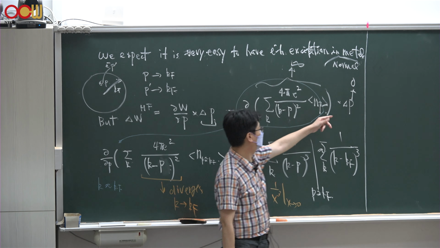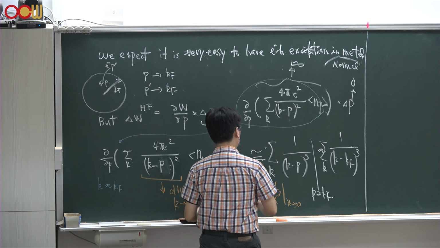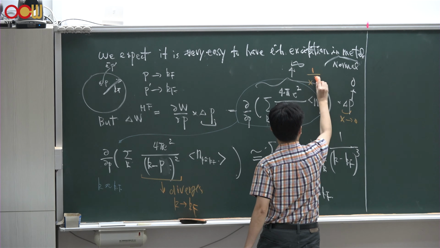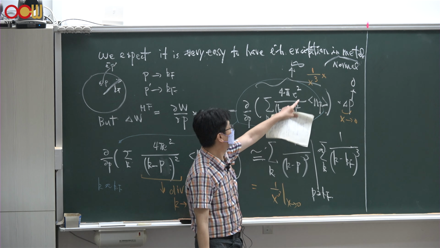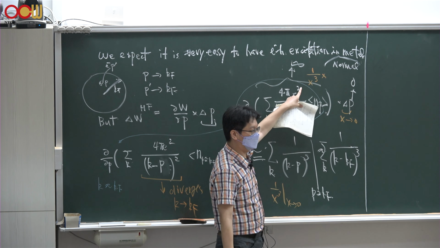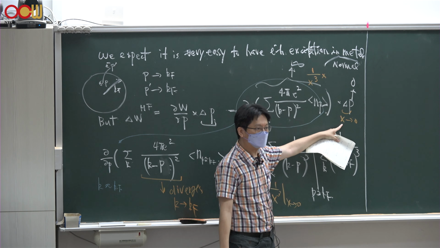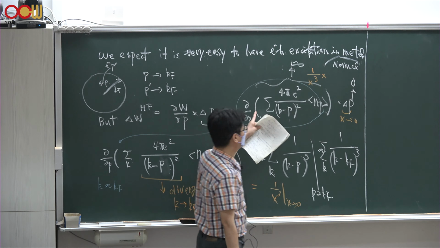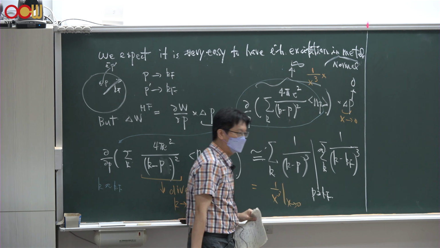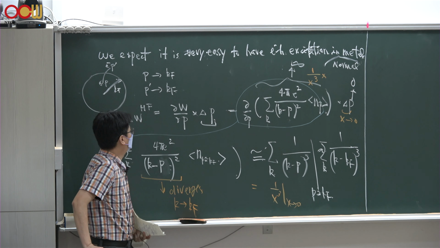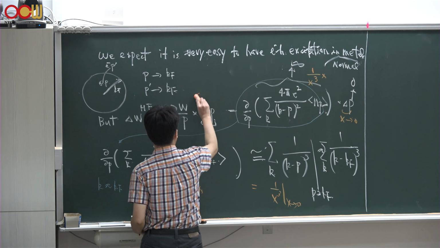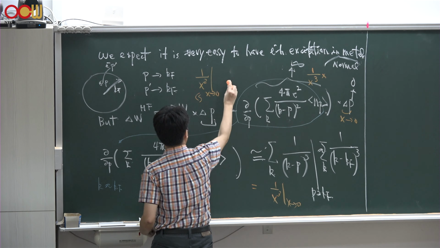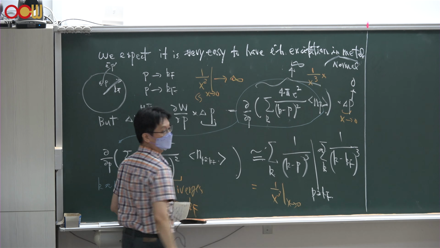And multiply by something that is of order x. So the first term gives you a 1 over x cubed divergence. The second term is only linear in x as x goes to 0. So you multiply these two factors, you still get 1 over x squared. So this is approximately a 1 over x squared divergence when x goes to 0, which is infinity.